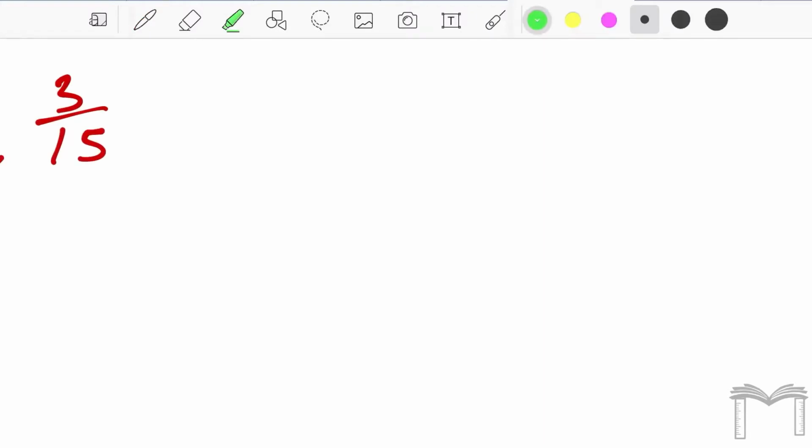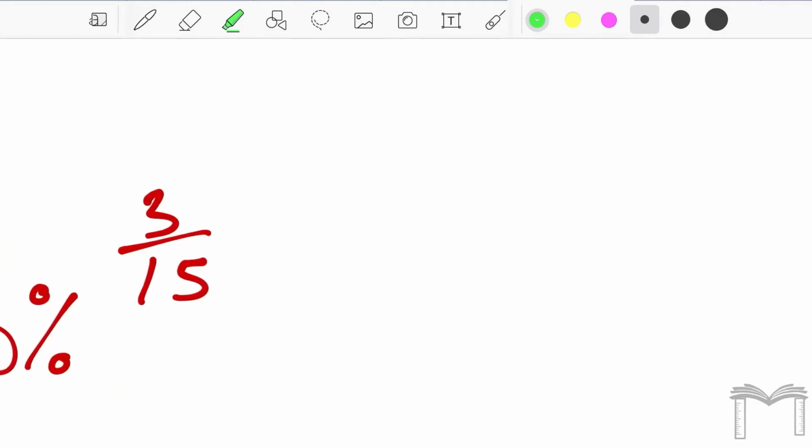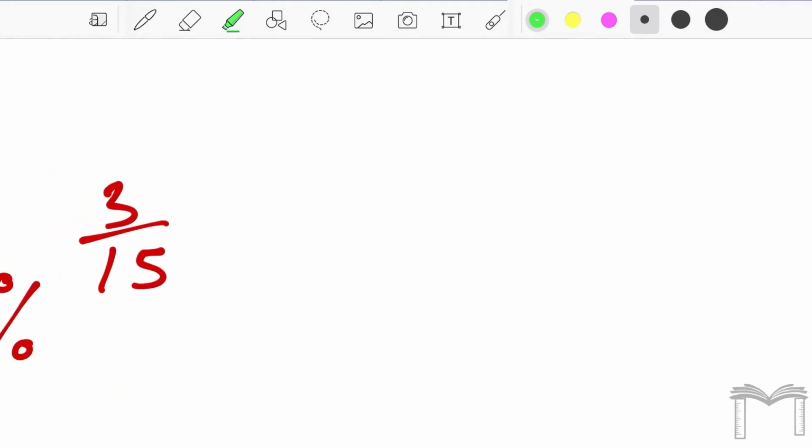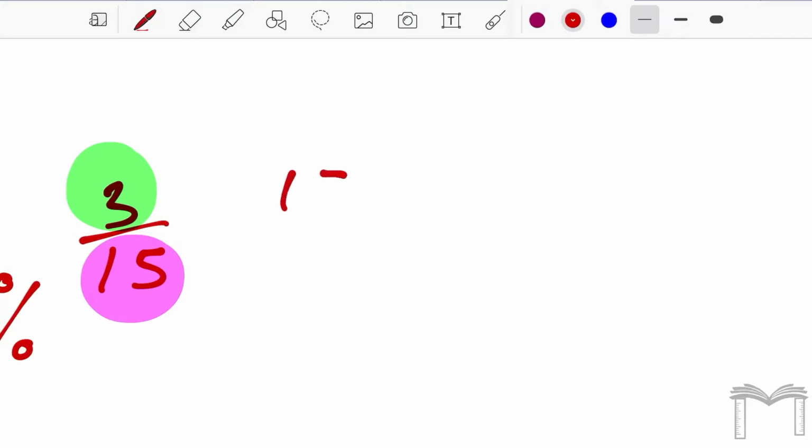So we must say numerator divided by denominator. So that's 15 into 3. 15 into 3 cannot, because 15 is more than 3. So we put a 0.